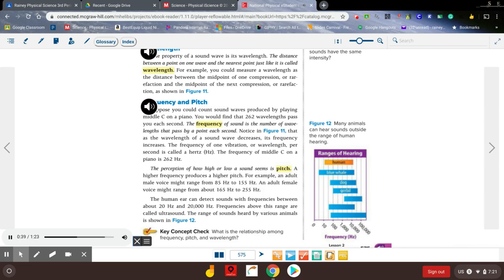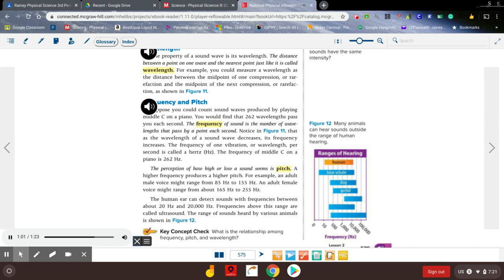The perception of how high or low a sound seems is pitch. A higher frequency produces a higher pitch. For example, an adult male voice might range from 85 hertz to 155 hertz. An adult female voice might range from about 165 hertz to 255 hertz.